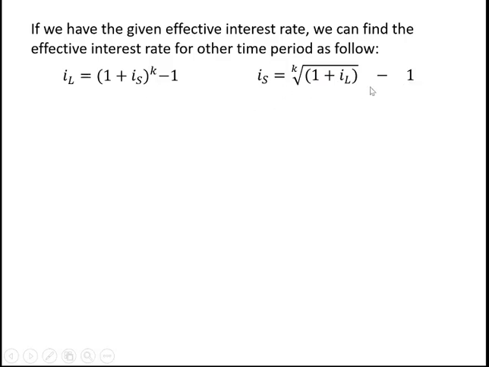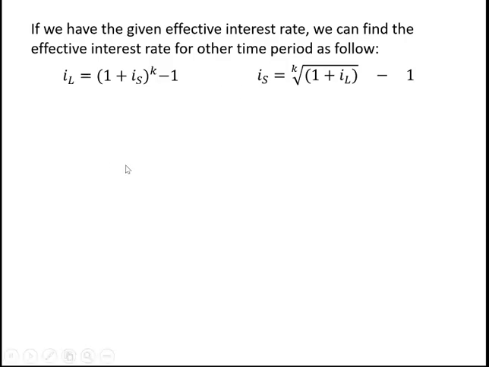In these formulas, i_L is the effective interest rate of the long period, i_S is the effective interest rate of the short period, and k is the number of short periods in a long period.